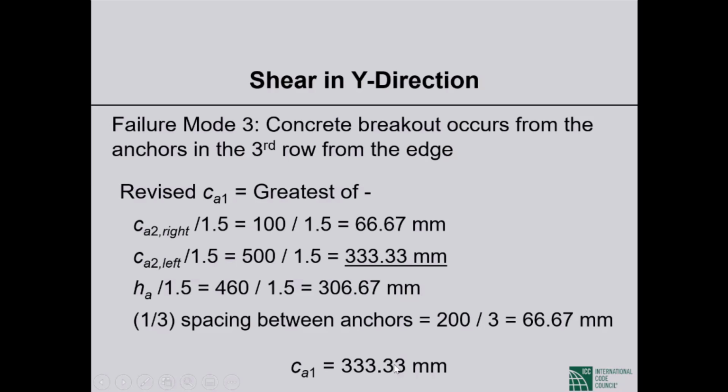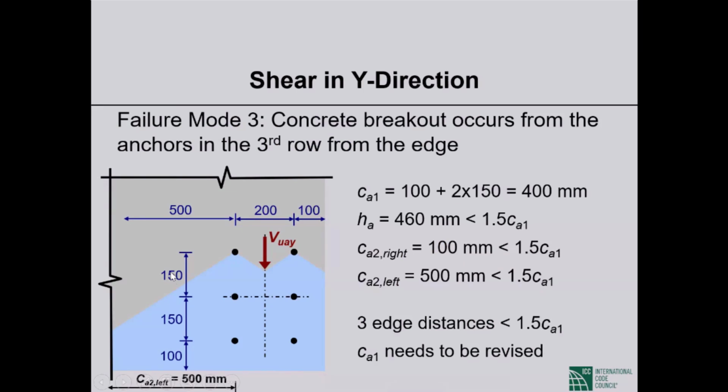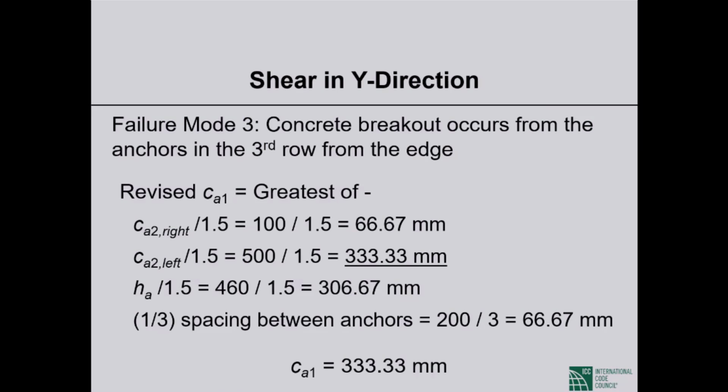So this very large edge distance of 400 millimeters meant that the anchor group, that group of two, is close to 3 edges, and because of that, the 400 millimeters of edge distance had to be adjusted down to 333.33 millimeters.